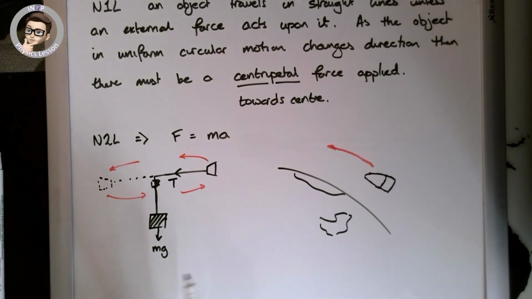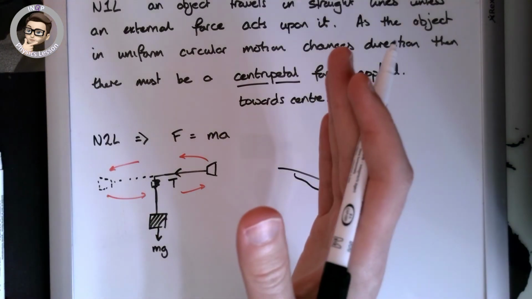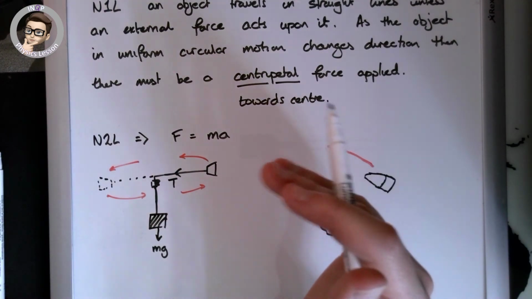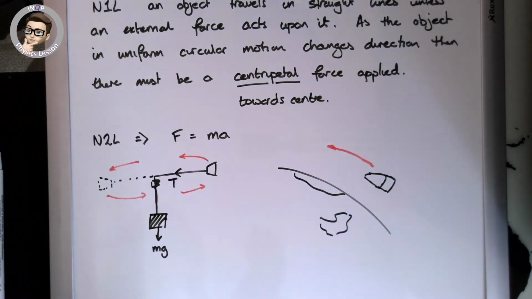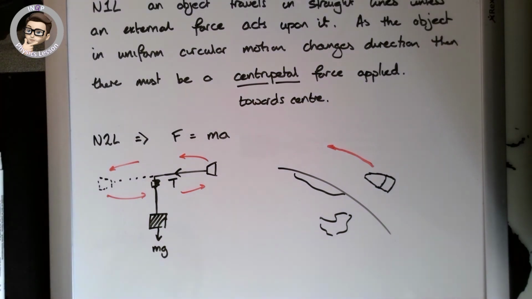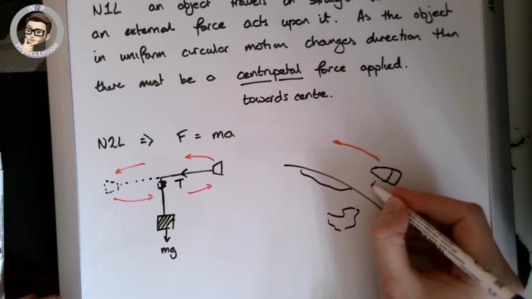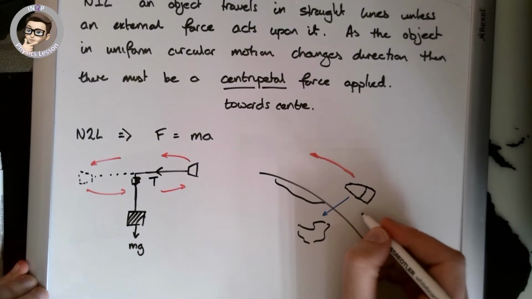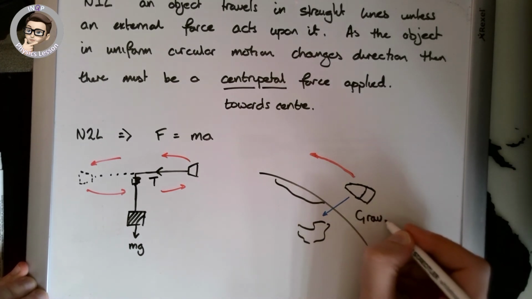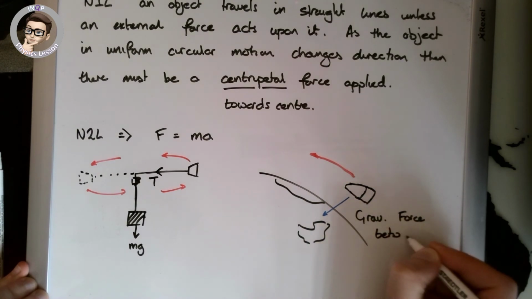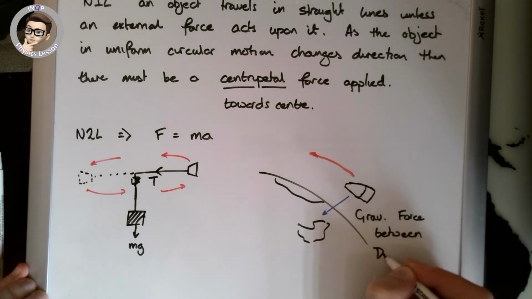So what force is it that's keeping that Dragon module from flying off in a straight line, and carrying on round in that circle? It's changing direction at each stage. The speed might not be changing, but the direction of the velocity is. Well, the force this time is going to be the force between the Earth and the module. So it is the gravitational force between Dragon and the Earth.